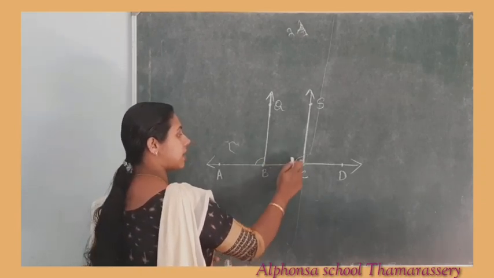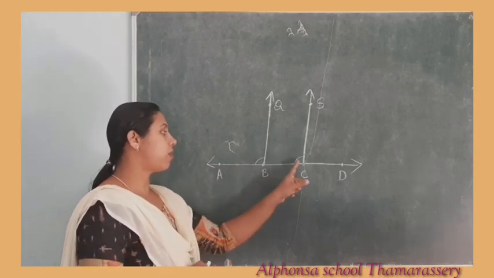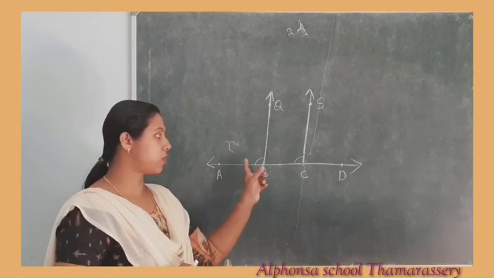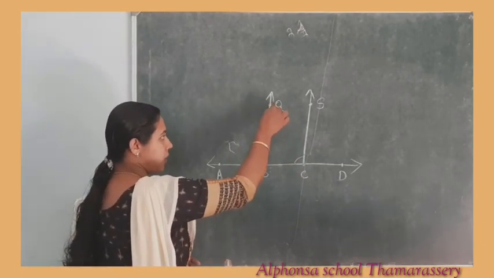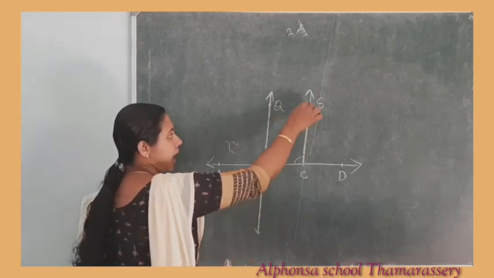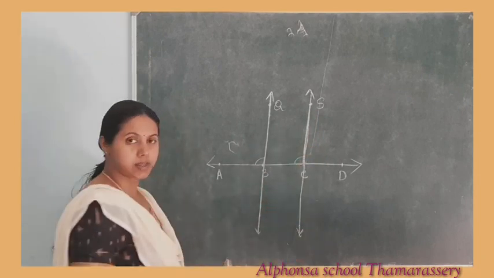We know these two angles are corresponding angles, is it? So make two equal angles, ABQ and BCS. These two angles are equal. Now extend the line, produce QB to the other side and SC to the other side.